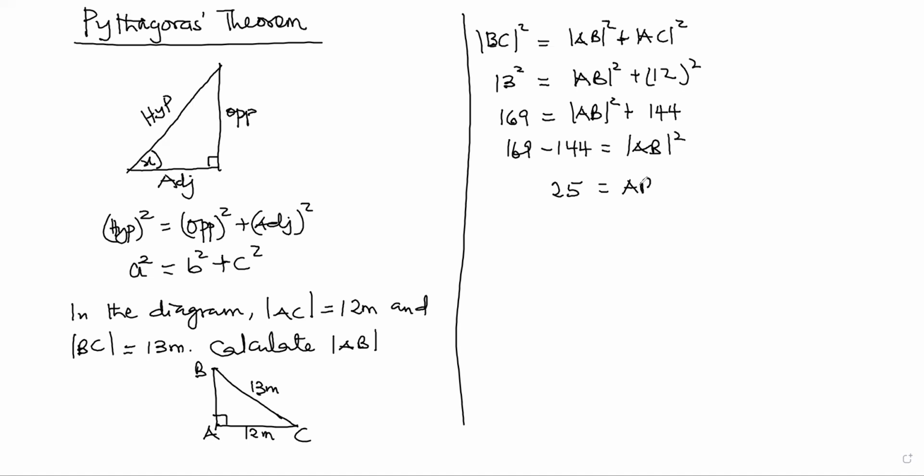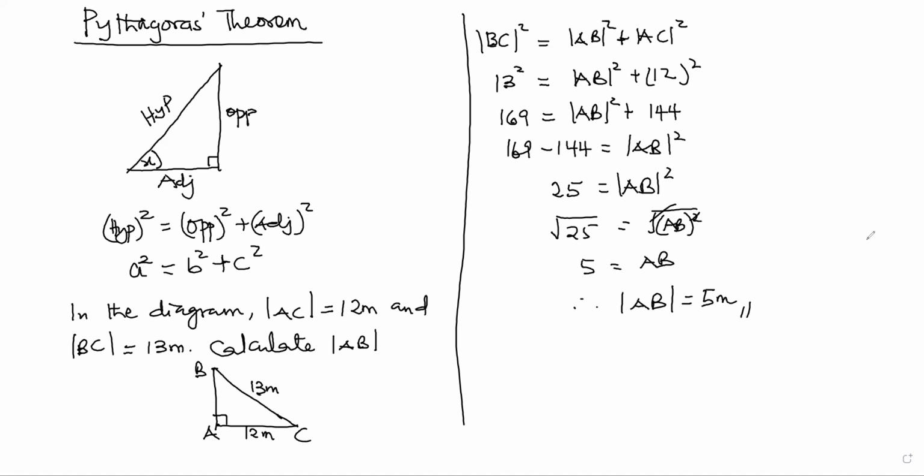So AB squared equals 25. Take the square root of both sides. You will have 5 equal to AB. So it means that therefore my AB is 5 meters. So that's how we find the other side.